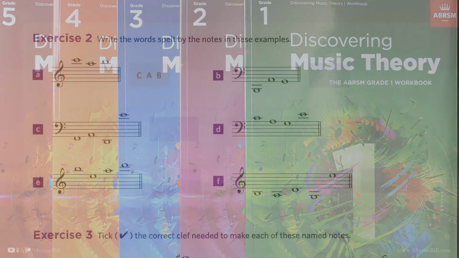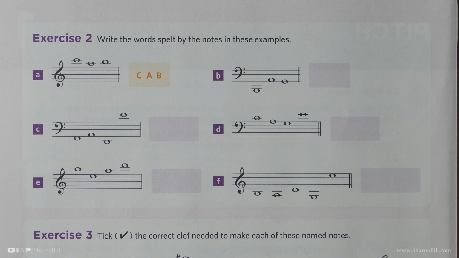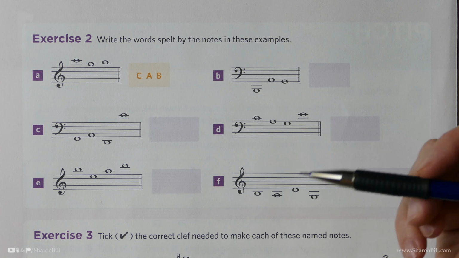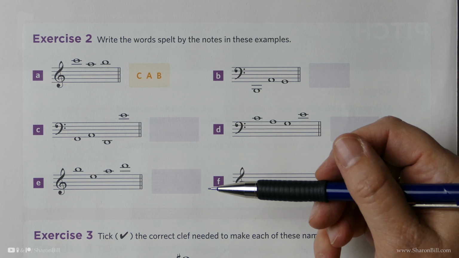Let's continue with the topic of ledger lines as we move on to page 2 of the Grade 2 Discovering Music Theory workbook. And the first exercise we have on this page, exercise 2, just gives us a little bit more revision in naming these notes of the treble and the bass clef when we step on to ledger lines exceeding just one ledger line now.